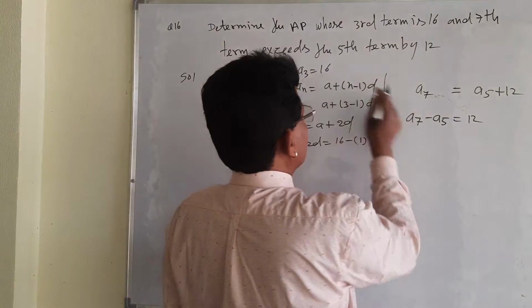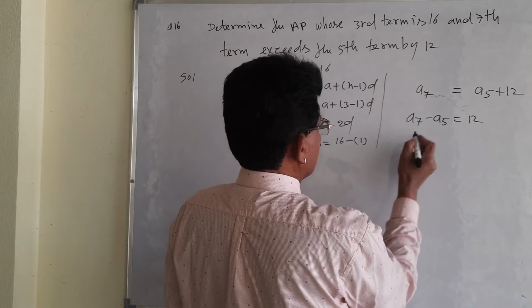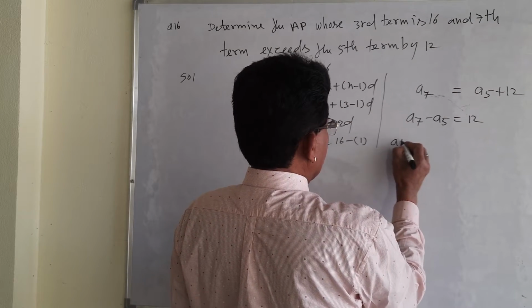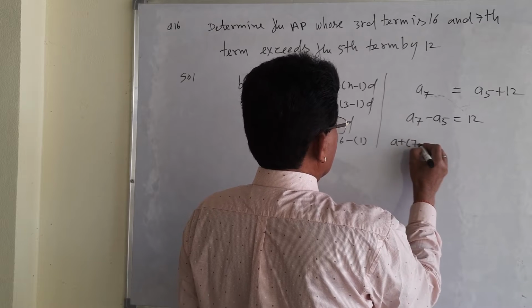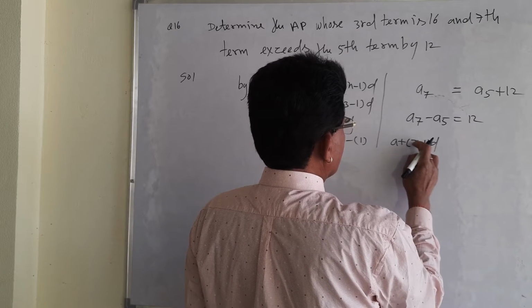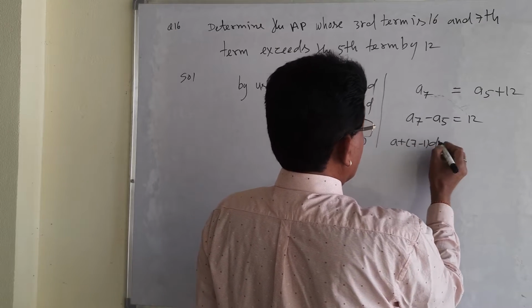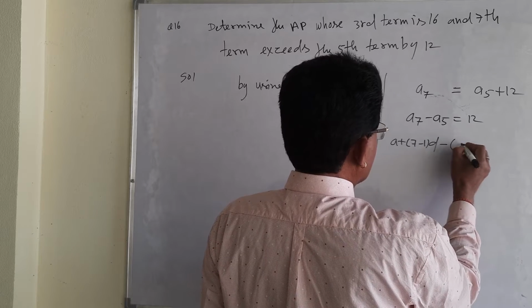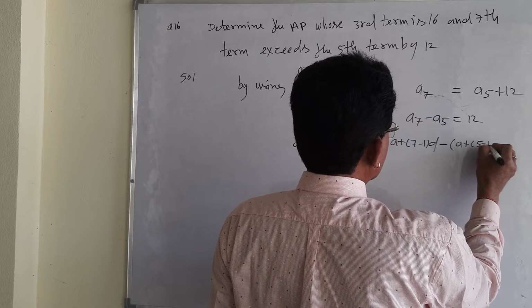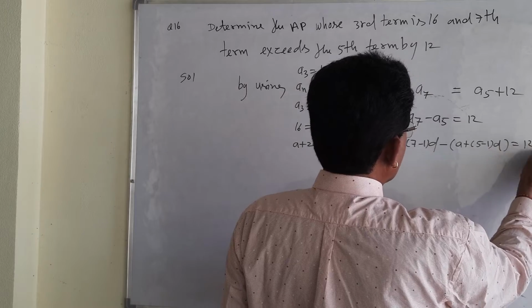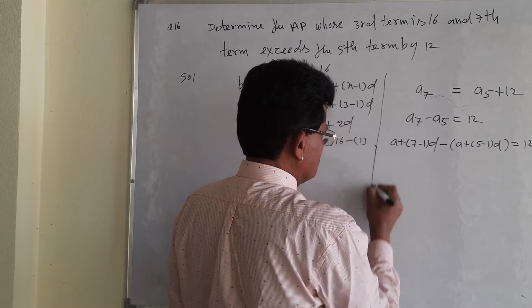Okay, you write it by using this formula. A7 means A plus 7 minus 1 into D, minus A5, which is A plus 5 minus 1 into D, is equal to 12. You simplify it.